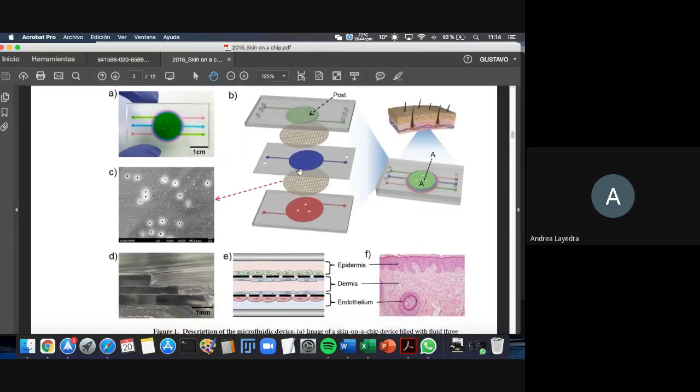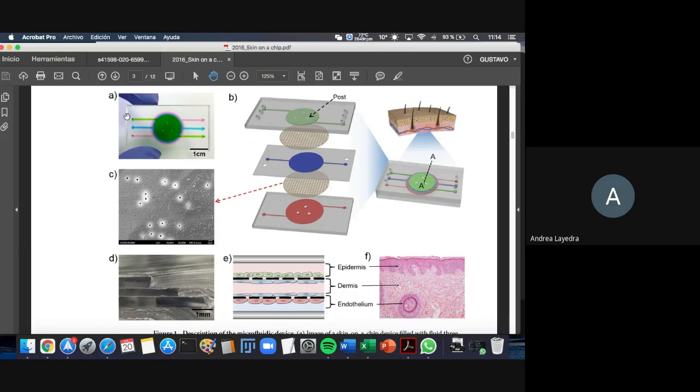Here we have the structure of the device. Let's look at B first. Here you see how it is assembled: the three PDMS slabs, and in between we have the PET membranes. After it is assembled, they use three dyes so that we can see how the layers are separated.